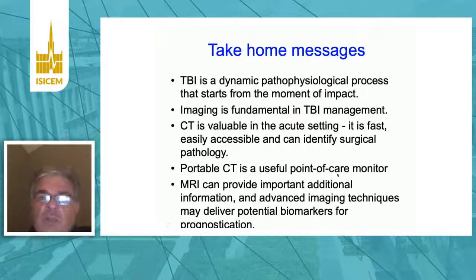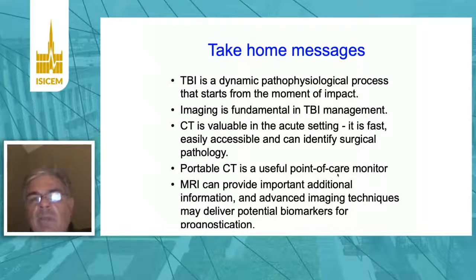So take-home messages. Traumatic brain injury is certainly a dynamic pathophysiologic process. It starts at the moment of impact and evolves over time. Imaging is fundamental in traumatic brain injury management, not only about diagnostic decision-making, but to phenotype the patient and hence determine prognosis. The most important study in the acute phase is CT.